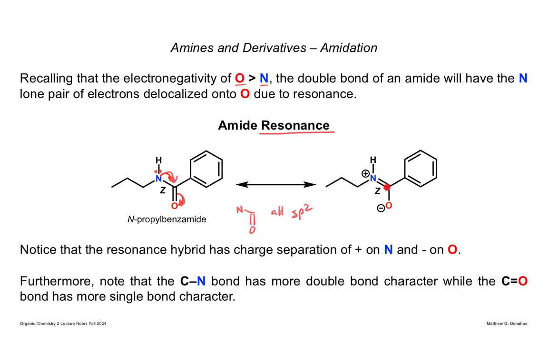So again, it needs to be that way because you're forming a pi bond here between the nitrogen and the carbon. A consequence of that is you now have geometrical isomers that can be either E or Z. And for amides, these are oftentimes called rotamers.